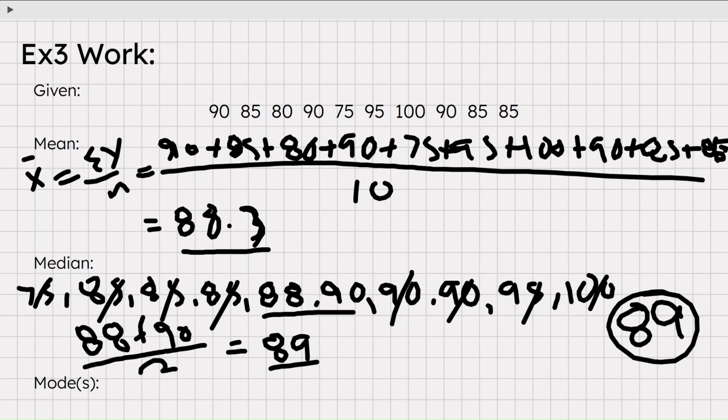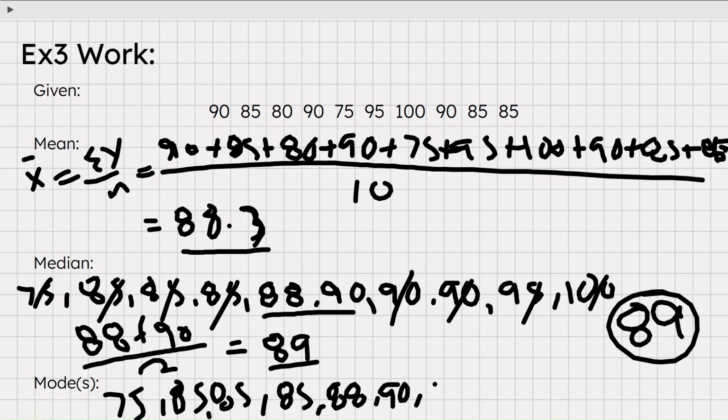Now for the mode, as we did before, write out data values, 85, 85, 85, 88, 90, 90, 90, 95, and 100. Now, as we can see here, 85 appears 3 times, and 90 also appears 3 times, while the rest appear once.